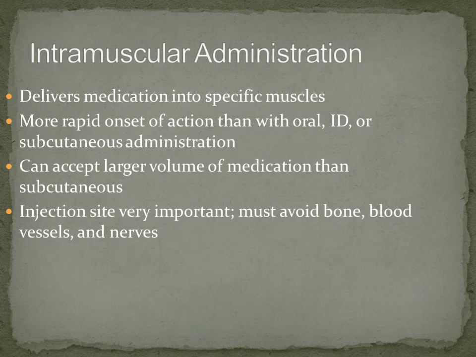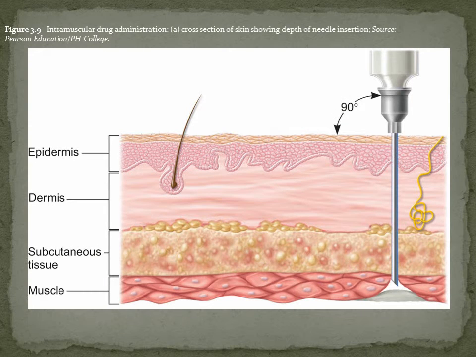An adult can get up to 3 mLs in a large muscle, but 2 mLs is really about the standard upper limit. 1 mL is the limit when we're looking at the deltoid muscle. So if you're looking at a greater volume than that, you need to go to a different, bigger muscle group.